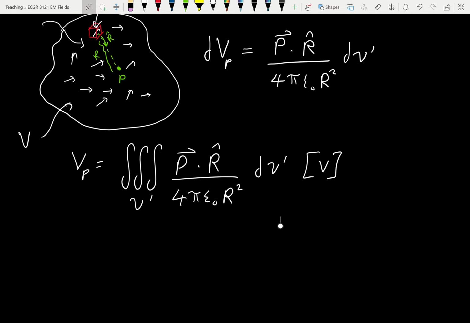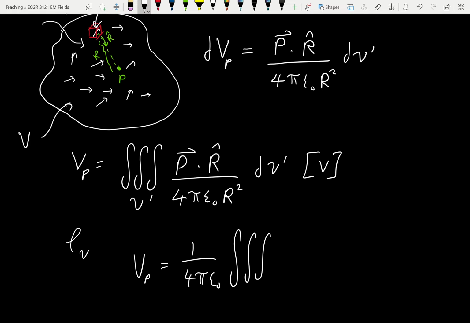Remember what we said: this is an early result that we got. If we have a volume charge density, the voltage at the point is going to be 1 over 4 pi epsilon naught times the integral over the volume of rho v over r dv prime.